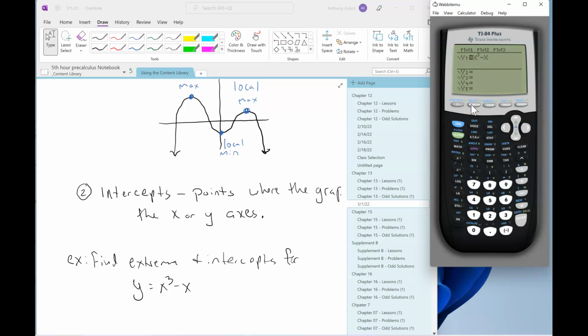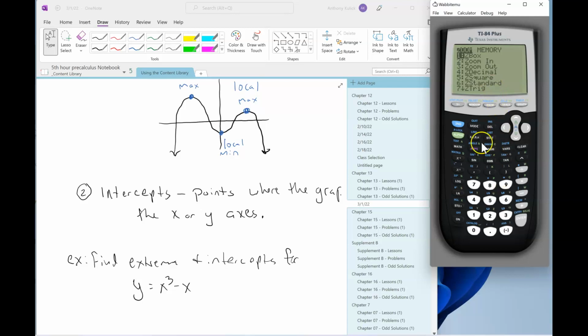Now, to graph this, I'm going to press the zoom button and pick the standard option, because I know in the last chapter we've been graphing scatter plots and my window is probably all messed up.